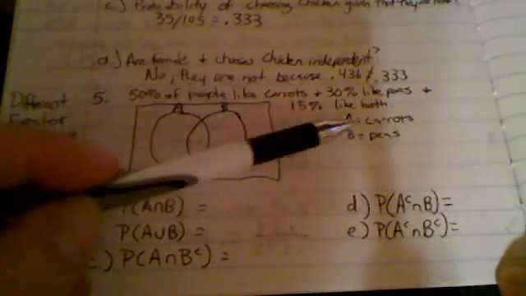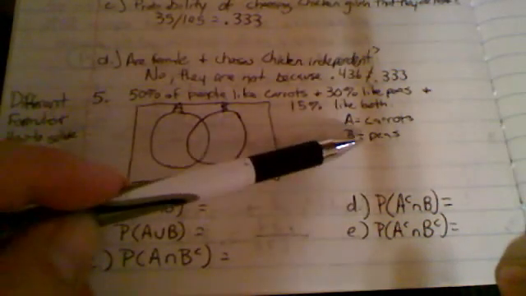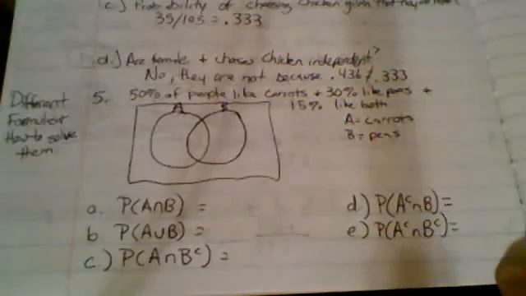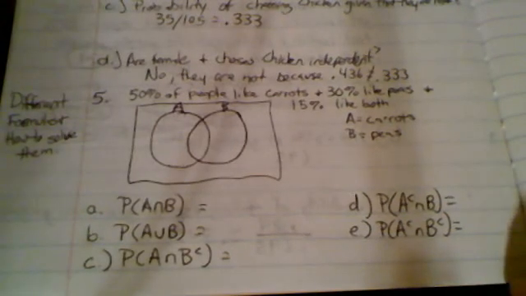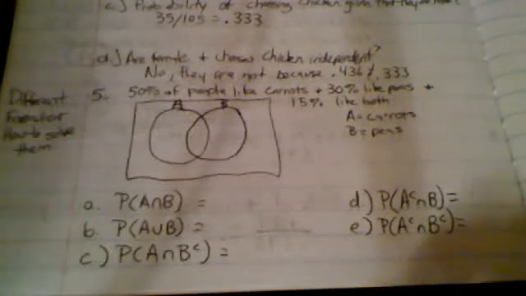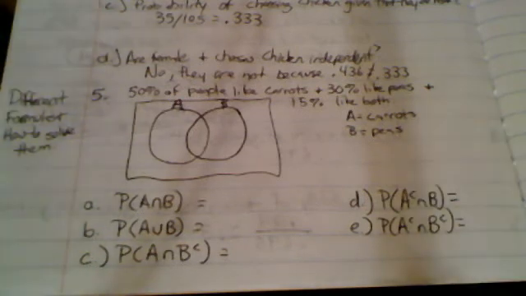We're going to make A, the first circle, equal the people that like carrots, and B equal the people who like peas. And I need you to answer A, B, C, D, and E.